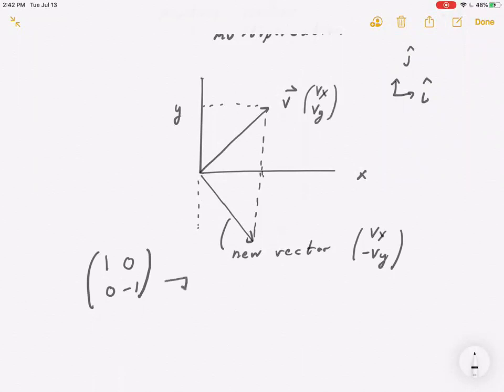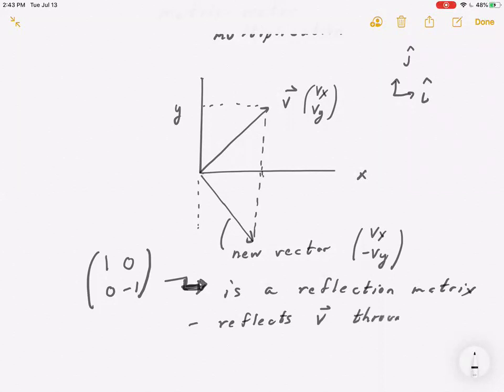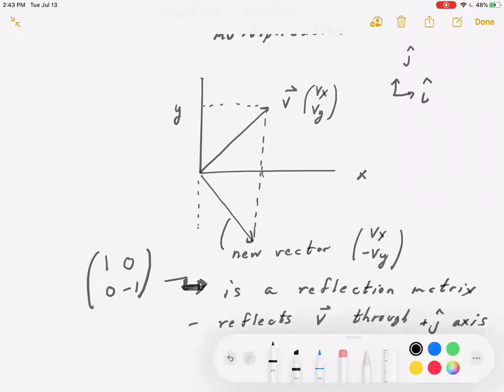So this is an example of a reflection matrix. And what it does is that it reflects V through the positive I hat axis, sorry.